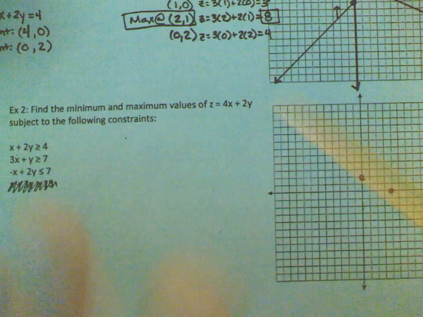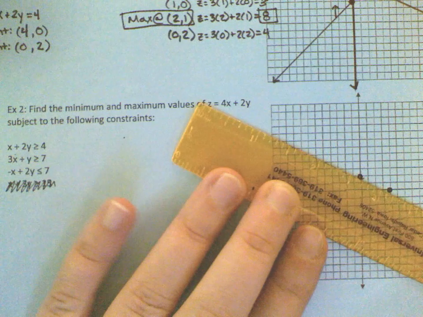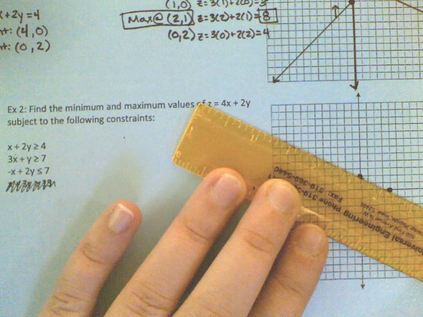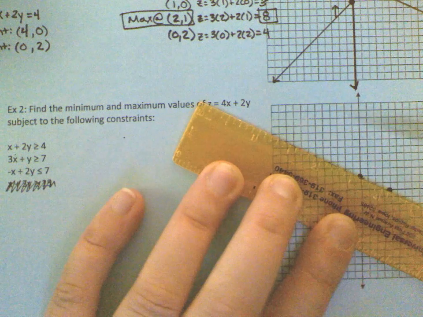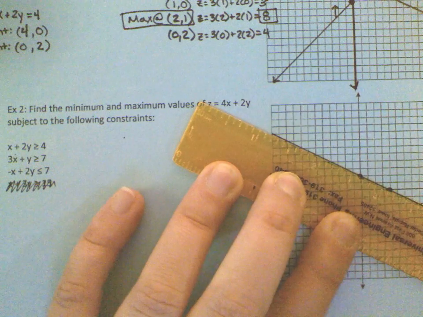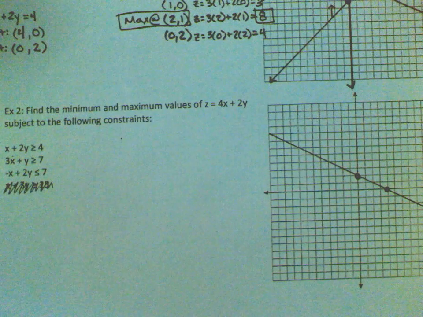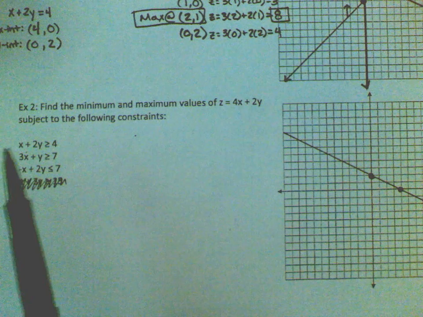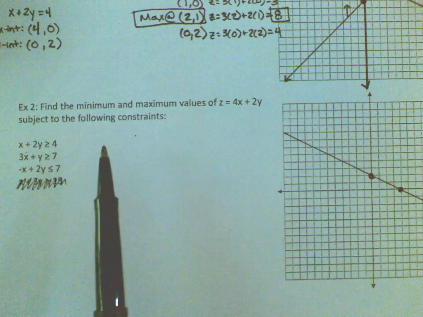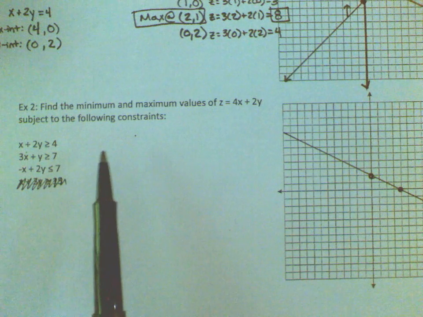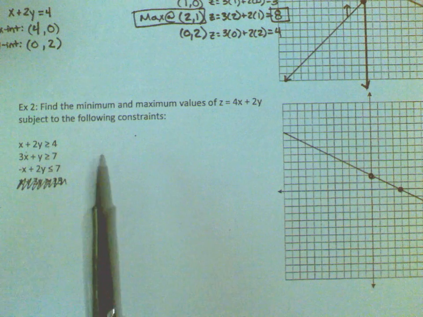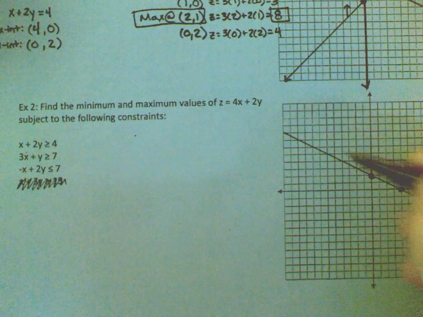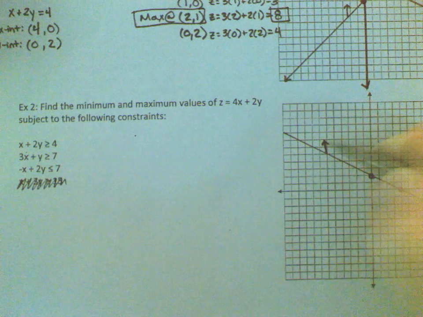This is greater than or equal to, so it'll be a solid line, so we're not going to run into Mason's issue of dashed lines that wouldn't be included. Maybe check my shading. Is 0 greater than 4, if I plug in 0, 0? No, so I should shade above this line. Okay, so I'm shading up.